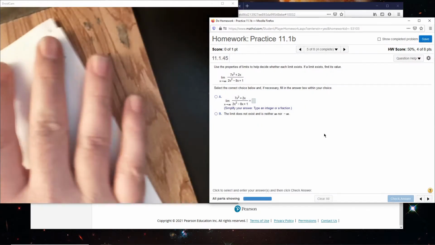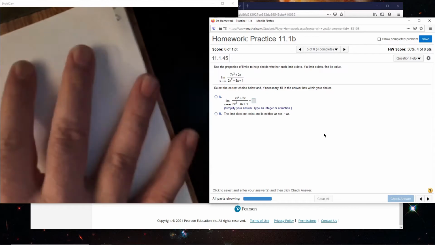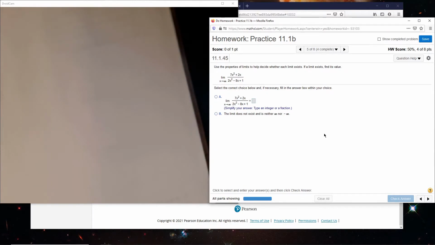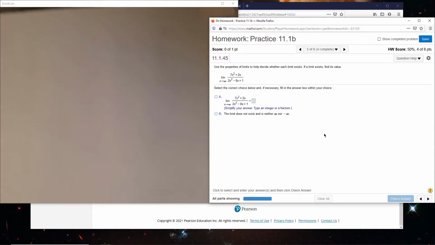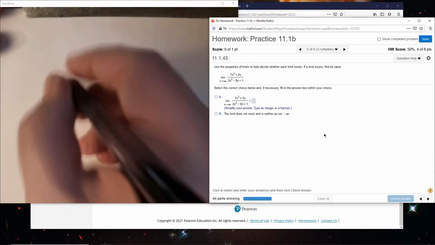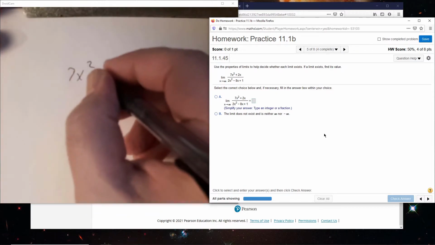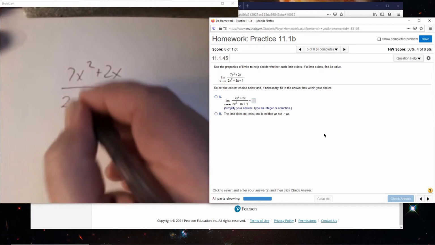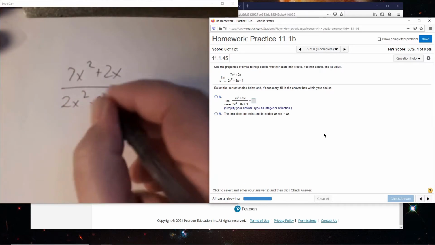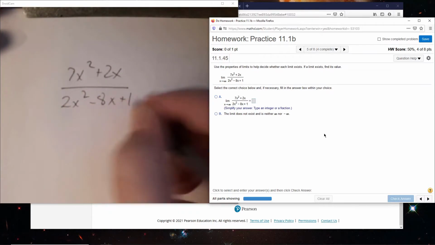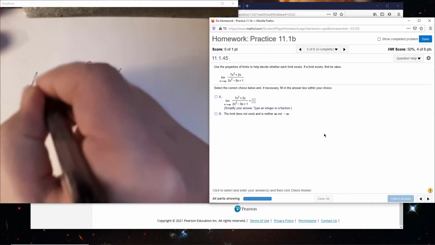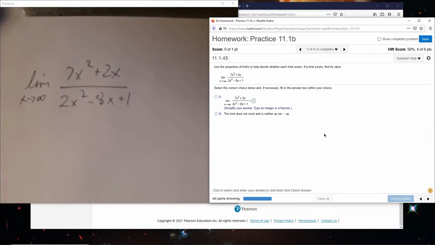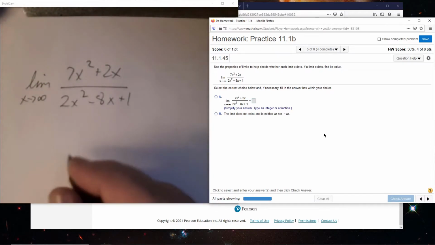So looking at the next one, if you notice, these are polynomials of the same power, same degree here. So we have a 7x squared and a 2x squared. And going to infinity. Now remember, when we're going to infinity, we only care about the dominant terms.